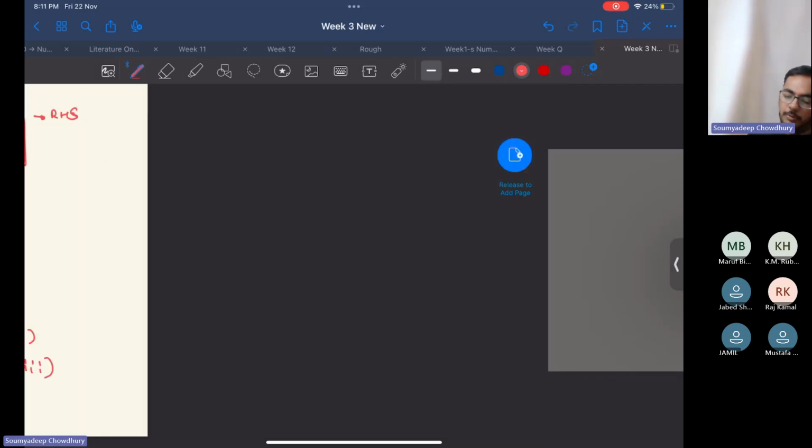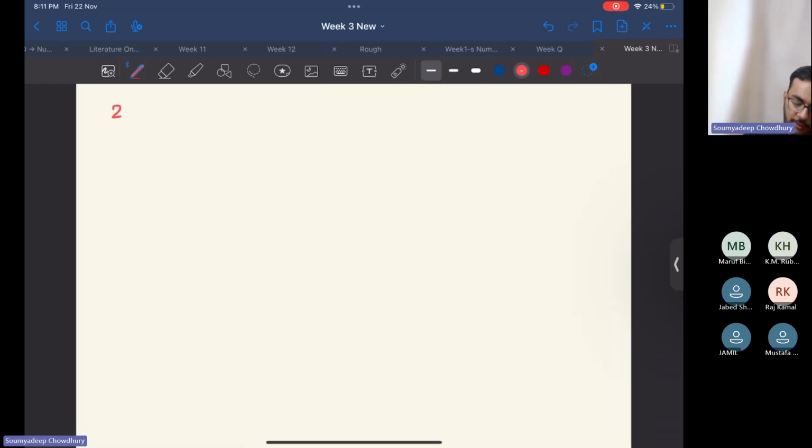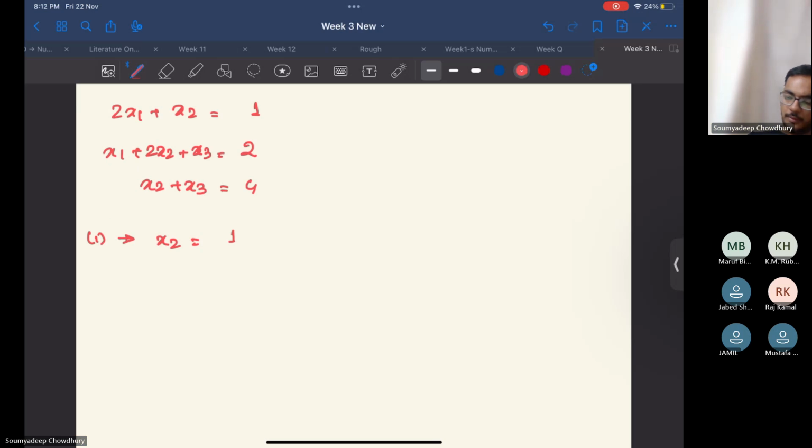So what we do in the Jacobi method is, I'll write down the equations again. 2x1 plus x2 equals 1. x1 plus 2x2 plus x3 equals 2. x2 plus x3 equals 4. From equation 1, first we will try to find x1, that is x1 at the first iteration.